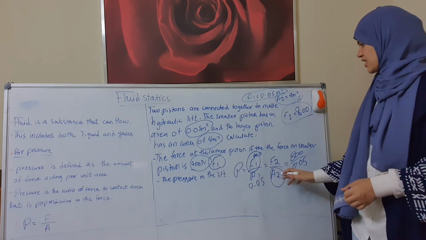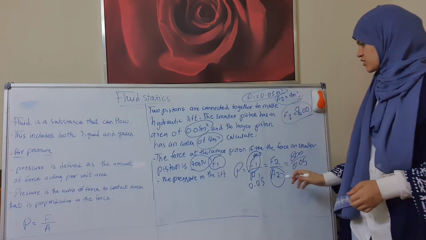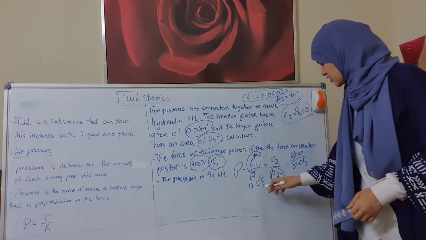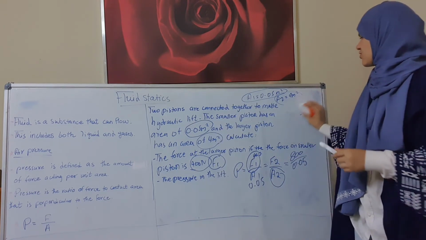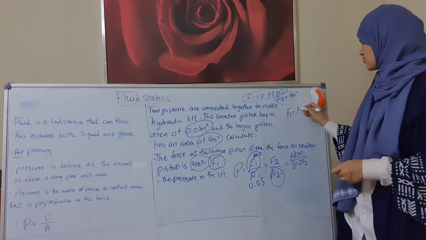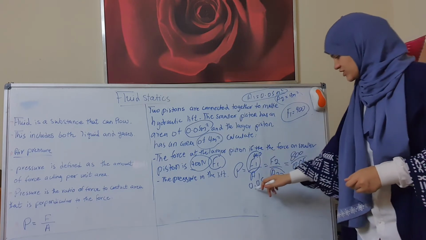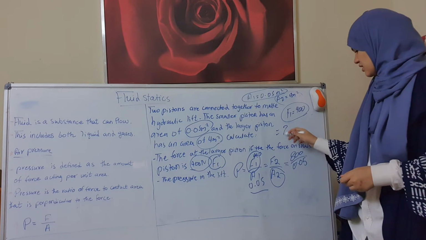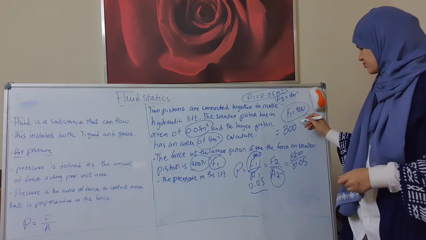So it is only 400 over 0.05, because F1 is equal to 400. So that means 400 over 0.05 is equal to 800 Pascal.